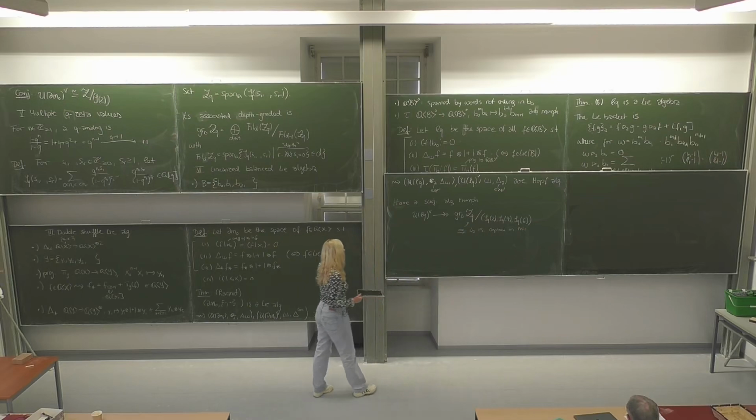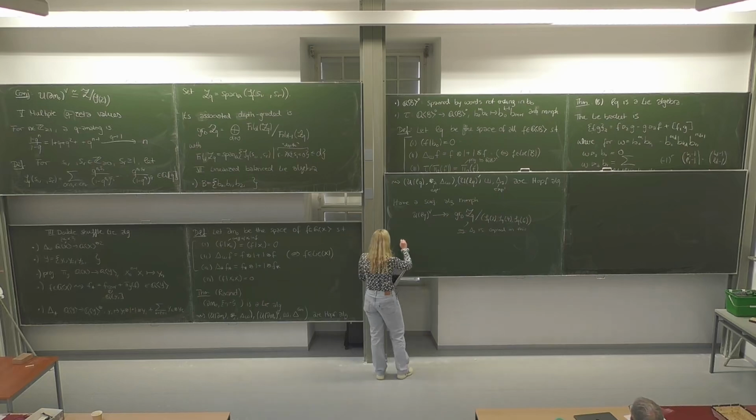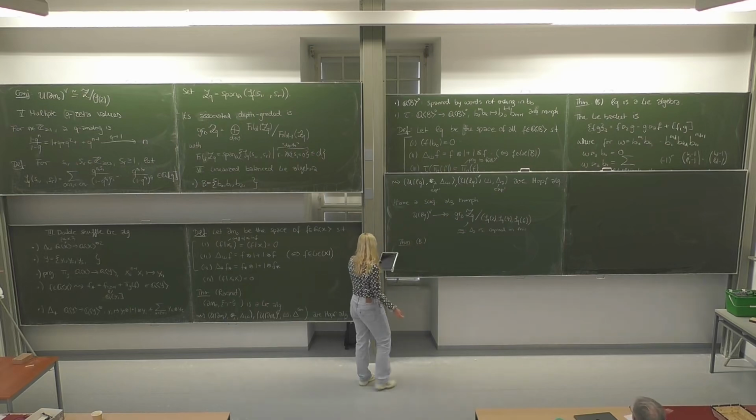Okay, so in the last 2 minutes, I want to relate the two Lie algebras you have seen now, because I think this is maybe the main advantage of this LQ.